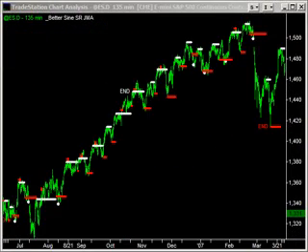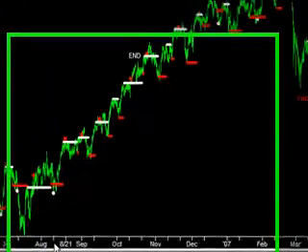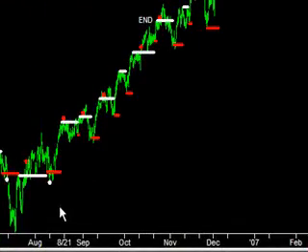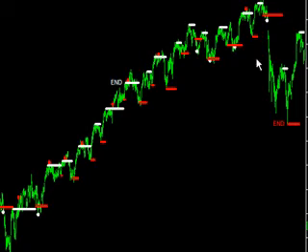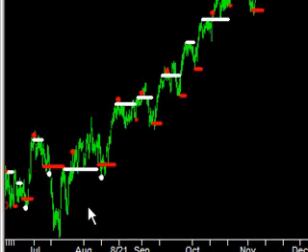I just wanted to go back and look at the E-mini 135-minute chart, from mid-2006 to the end of 2006. This chart is quite interesting, as we had a very long trend that developed in the E-mini and all the indices over that time period.